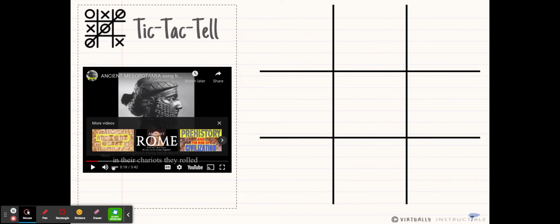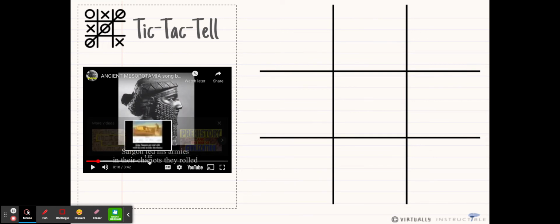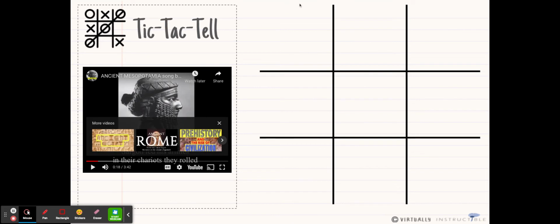What you would do is have the students listen to the song. As they're listening, they would select words, and it's nice because they all have captions down below, writing words on their Tic Tac Tell board. It is a good way for students to practice determining importance by having them select the words.